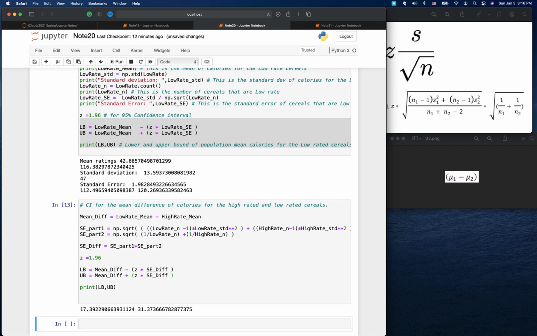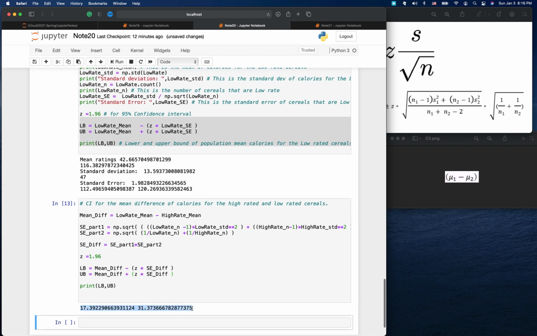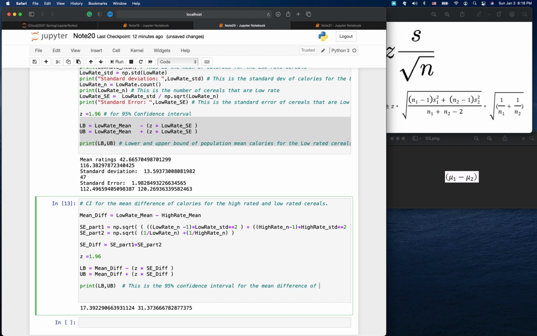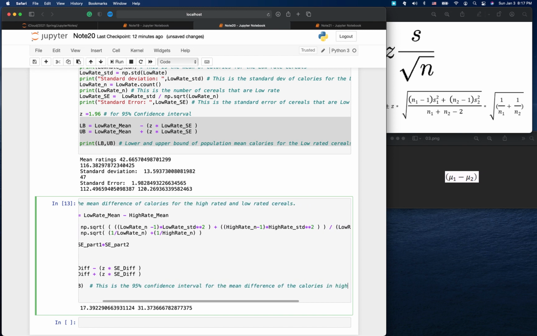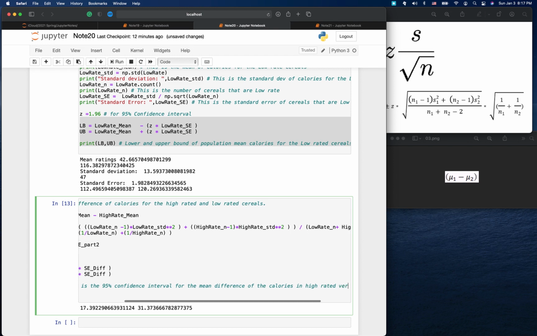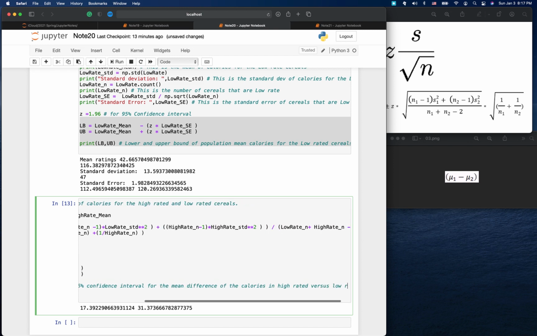So let's see what we have. We have 17 to 31. Do you see that? So this is the 95% confidence interval for the mean difference of the calories in high rated versus low rated cereal.